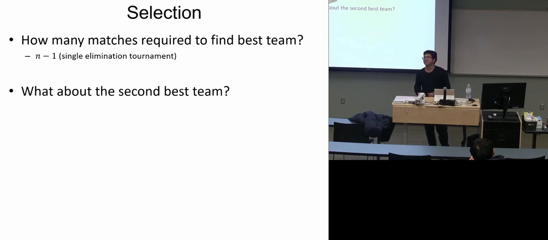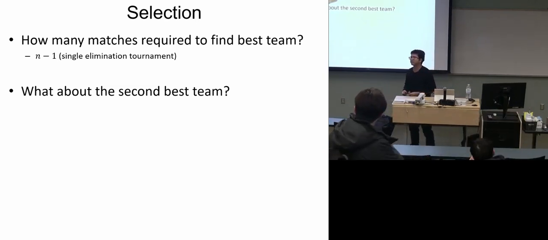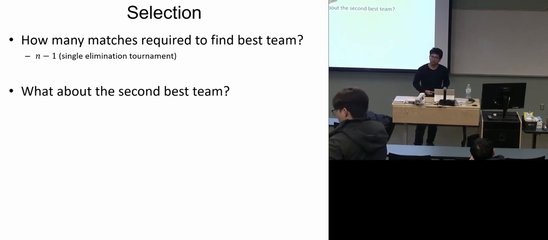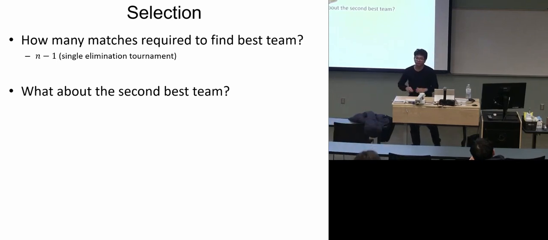Still n-1, because you need to know the first best team as well as the second best team at least, and every team needs to play at least once just to be able to know how good they are. Good. So what you say is that n-1 is something that you need for sure, but it's not clear you can find the second best in exactly n-1 comparisons.